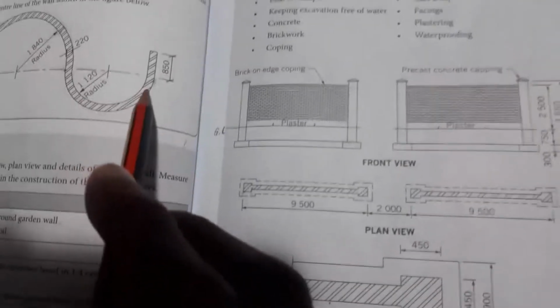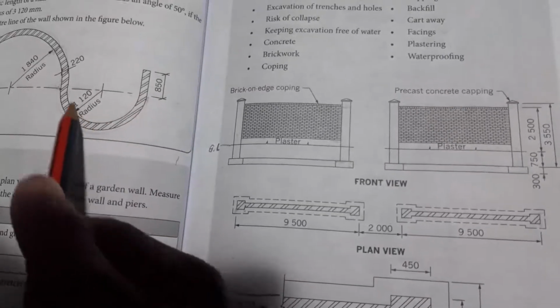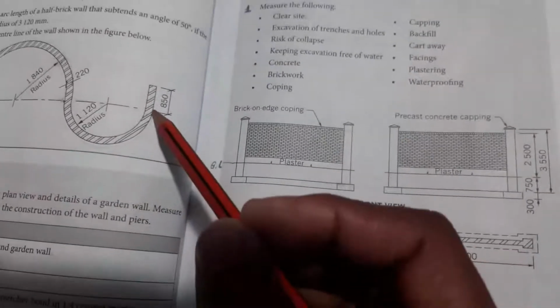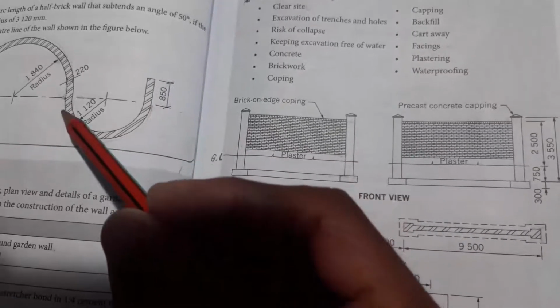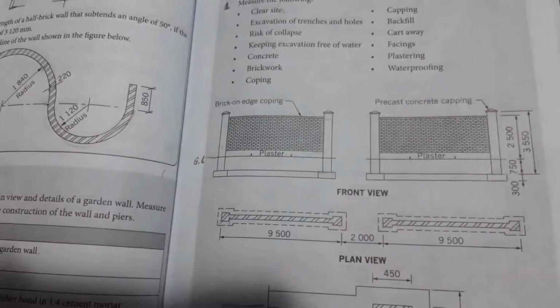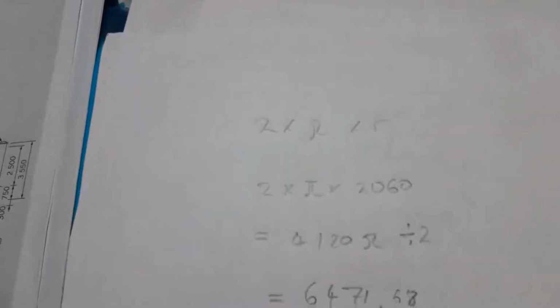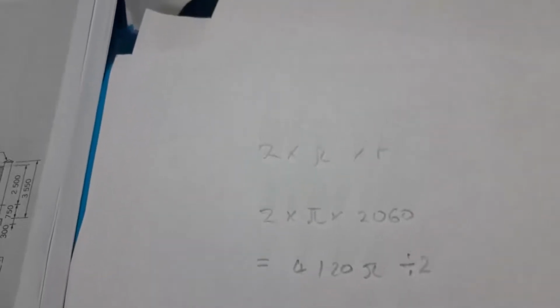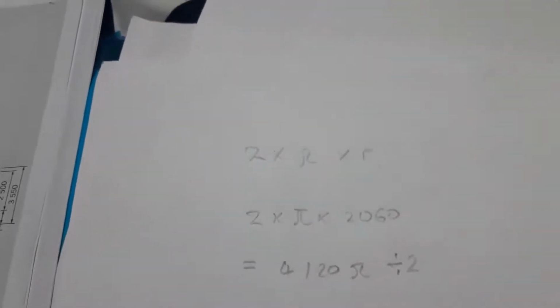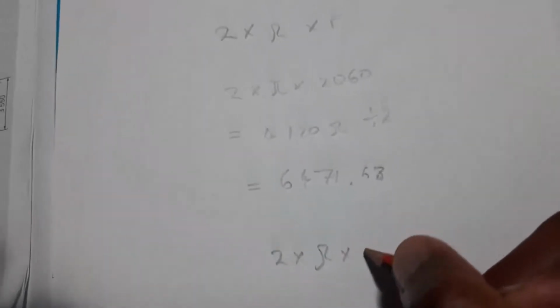Then again, you'll have to calculate the length of this semicircle using this formula. So it should be 2 times pi times the radius, the accurate radius.